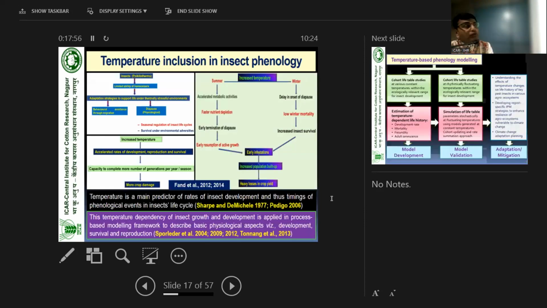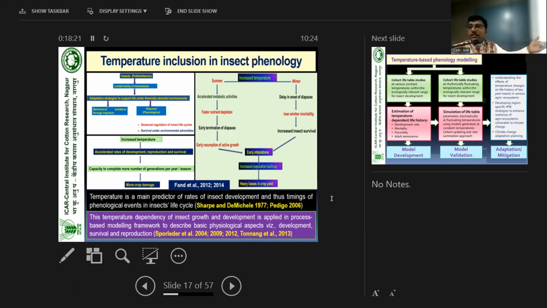Now, why do we need to include temperature in insect phenology? Forget about the slides. Can anybody tell me the importance of temperature in insect phenology? First course of entomology level. Insects are poikilothermic, meaning they have very limited ability to regulate the thermal environment, isn't it?